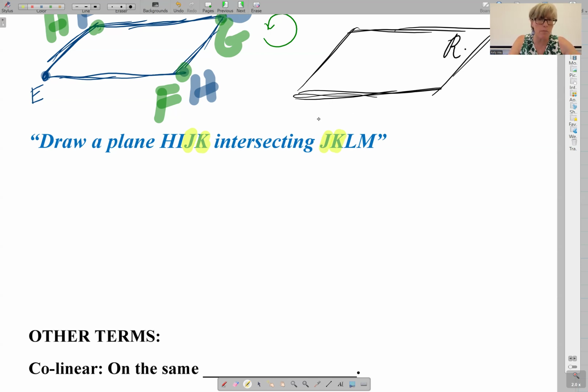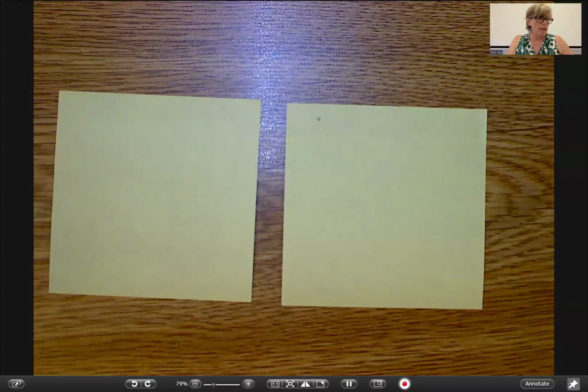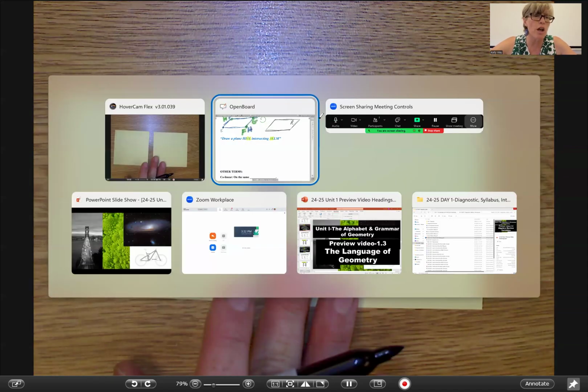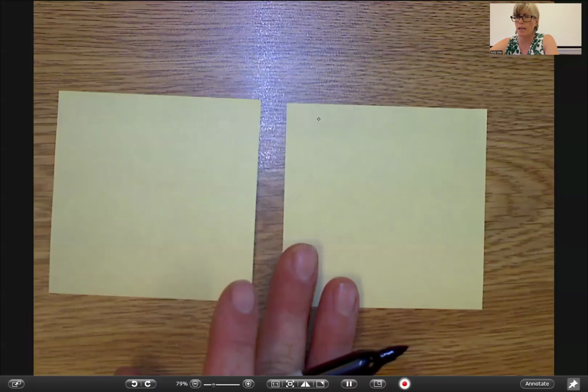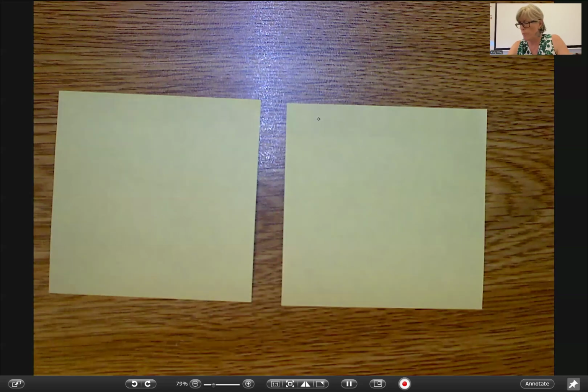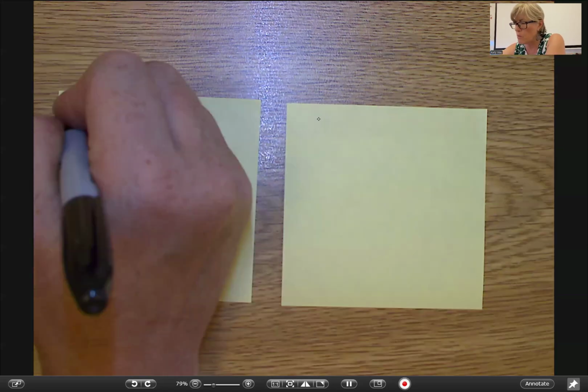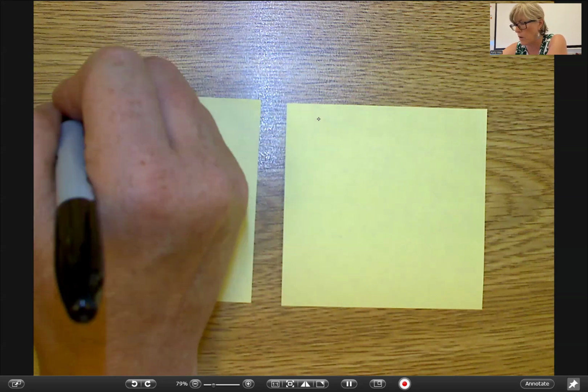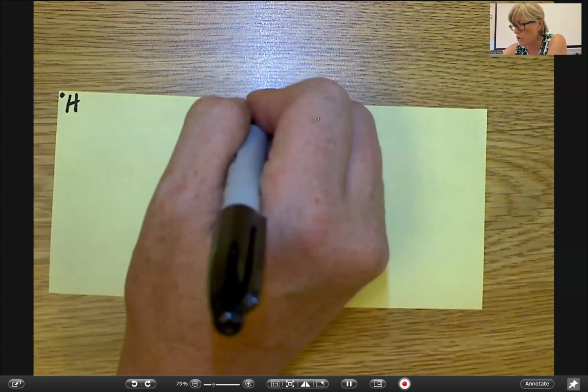Let me show you what I mean. It's helpful if you learn to model this stuff. So I'm going to model it with these 2 pieces of paper. So first I have HIJK. So I'm going to come over here and I'm going to label this point here. We'll pretend it's off the edge, but just because I'm working on paper, I'm going to bring it inside.